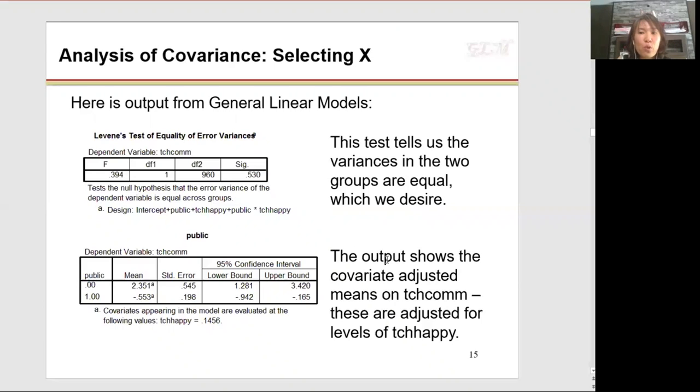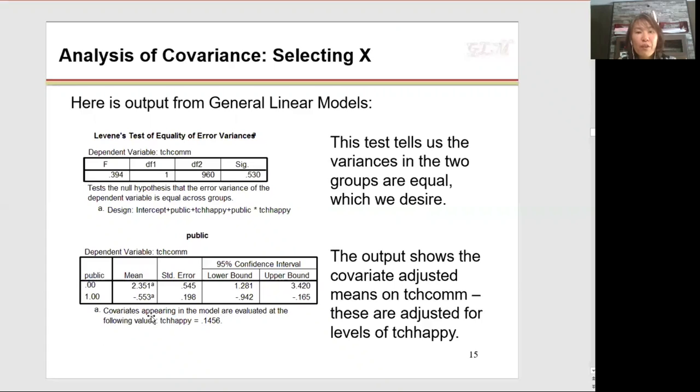This output shows the covariate adjusted means on teacher community. These are adjusted for levels of teacher happiness. So do you remember controlling for the other factor? That means with the same level of covariate, you compare the means of subgroups for Y, right? So here, with the same level of covariate.